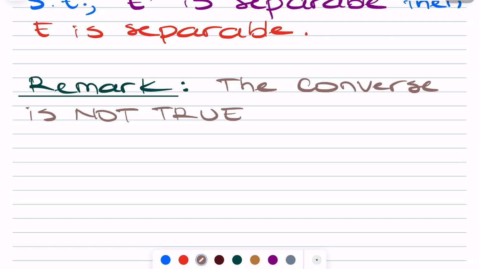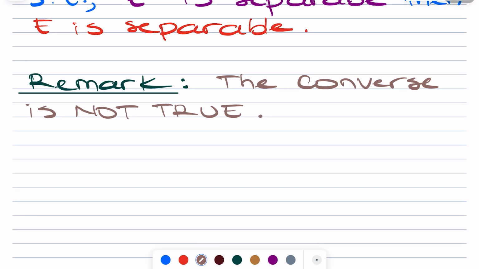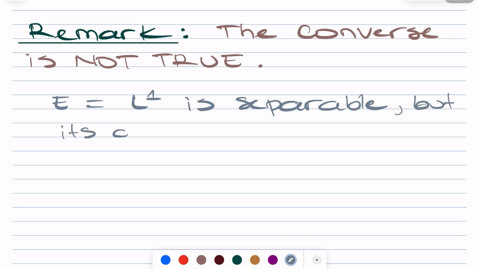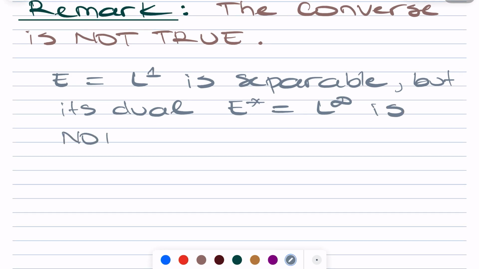Maybe we see, when we discuss the Lp spaces, that the space E, which is say equal to L1, is separable, right? But its dual E star, which is actually L infinity, is not separable. So this would be a kind of counterexample.